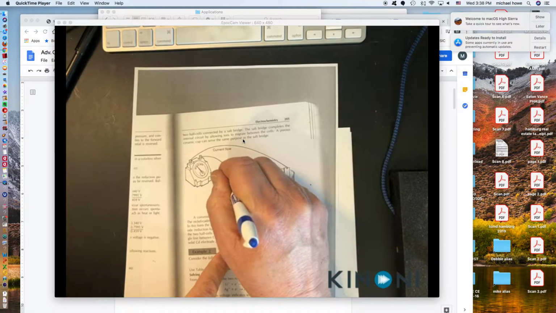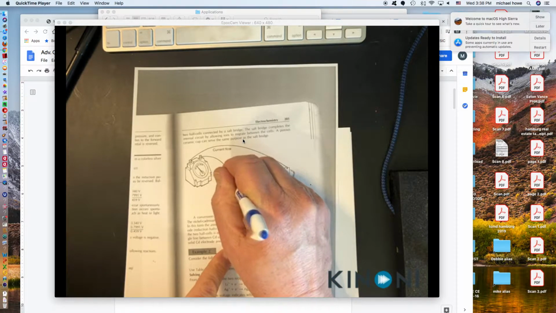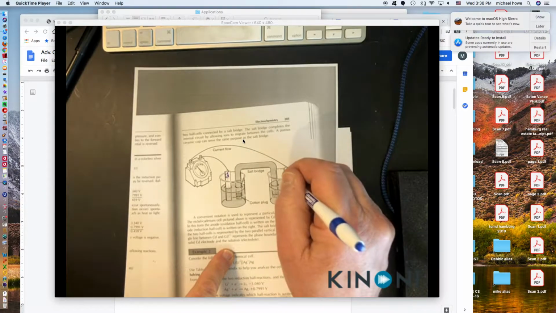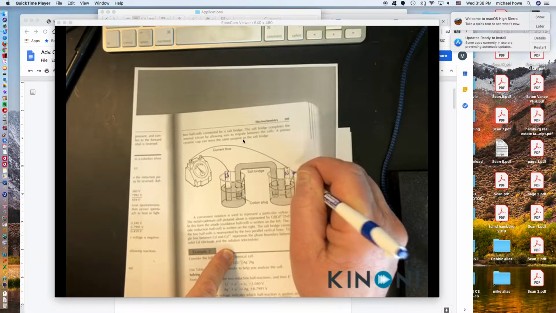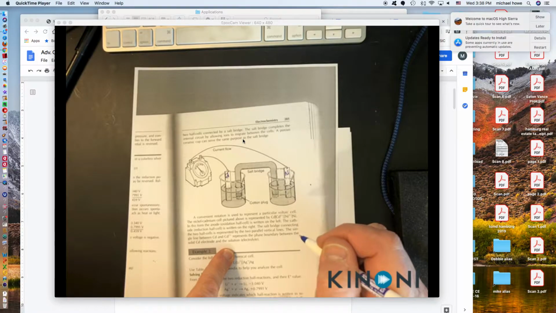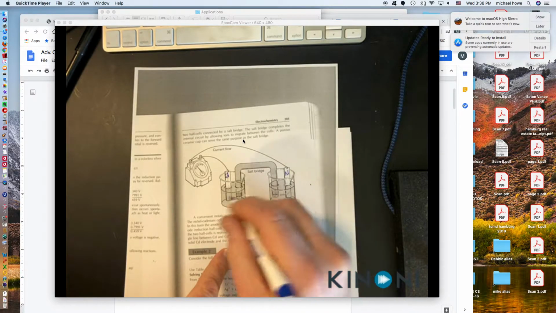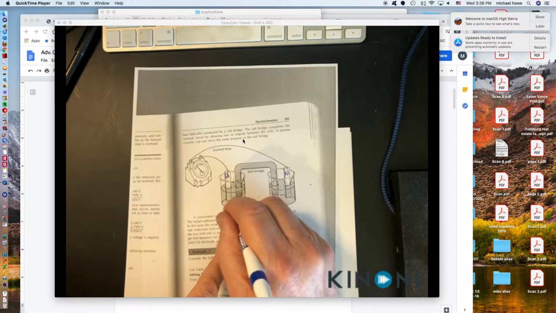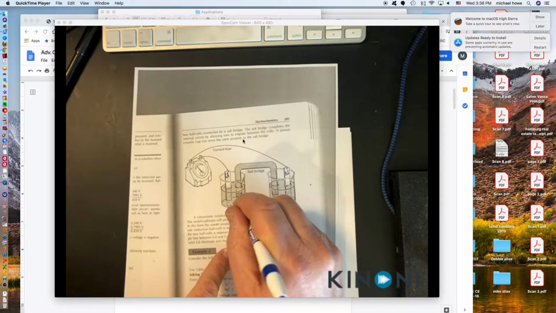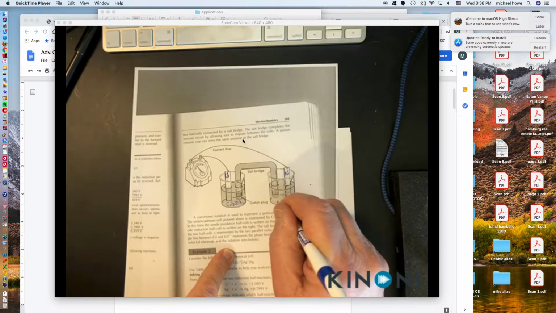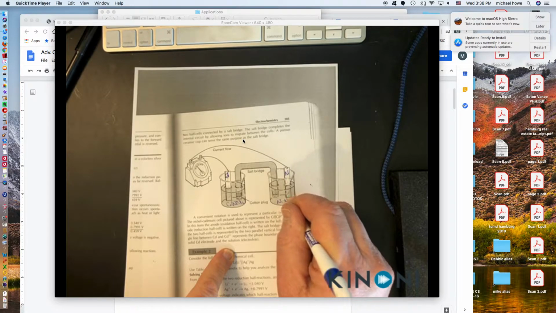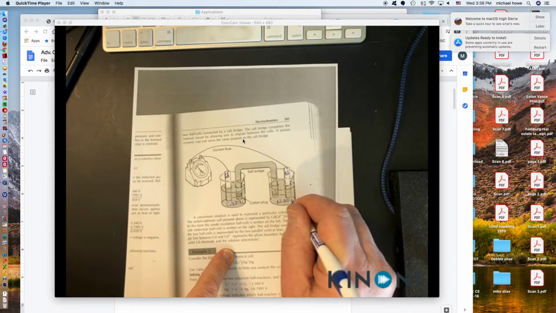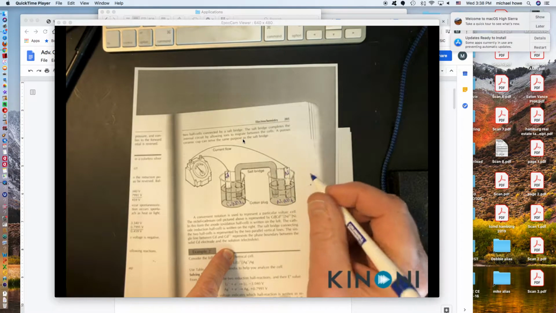So this would be cadmium, and this would be nickel. In the solutions here, you probably have a cadmium nitrate and a nickel 2 nitrate, like that.